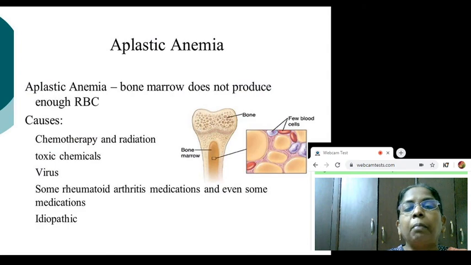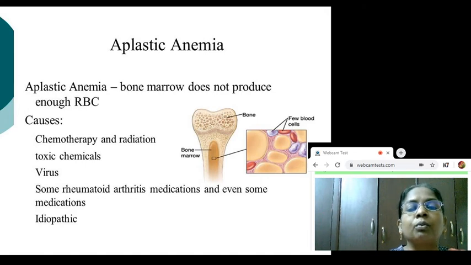And this is aplastic anemia. This is where the bone marrow does not produce enough RBC. That's why it's called aplastic anemia. The causes are chemotherapy and radiation. People are exposed to too much chemotherapy, radiation and toxic chemicals.